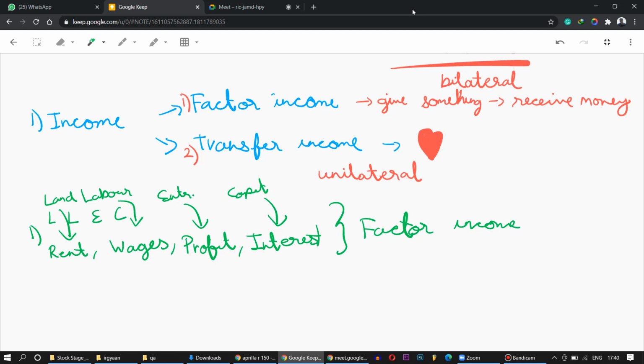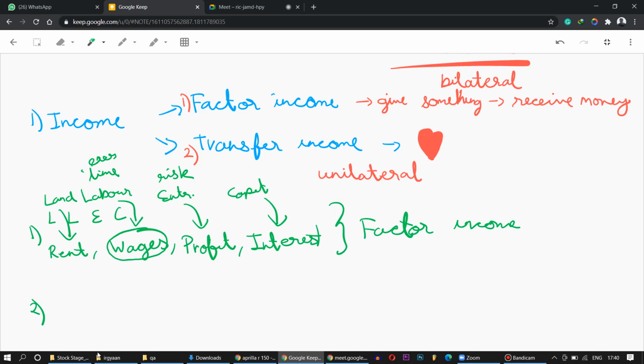Got it? For an entrepreneur, he's taking risk. For the labor, he's given his time, he's given his energy in return for wages. Now, for transfer income, what will happen? The government can say, this labor was given his time, his energy, but he doesn't work anymore, he's unemployed.